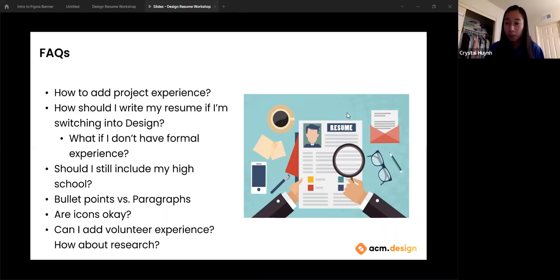Are icons okay? For example, for skills, to differentiate sections of my resume, or for contact information, can I have icons? Again, I've seen resumes that have icons, but I personally would caution against them, because it's a different element that might be distracting and take away from what you really want the recruiter to see.